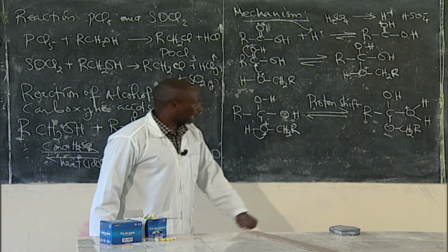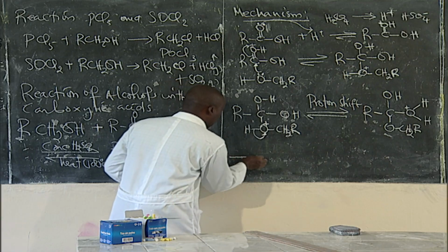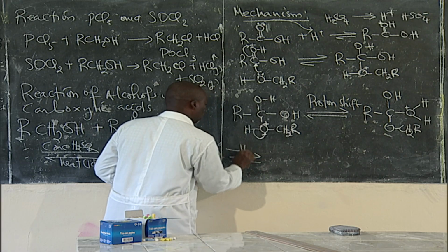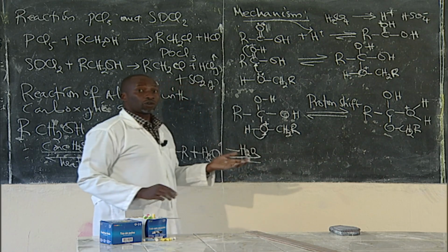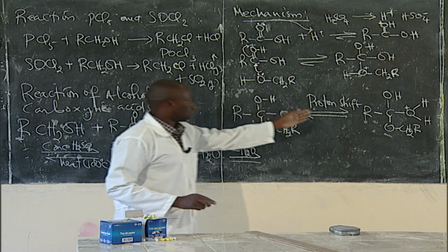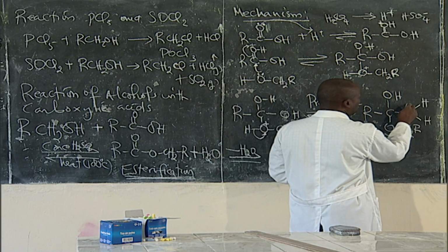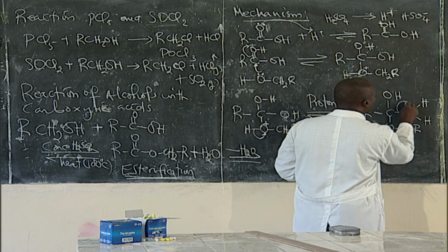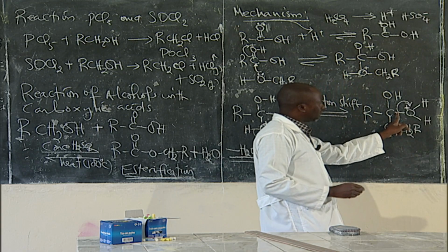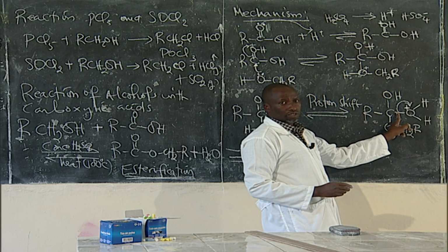What happens next? Water is eliminated. How is the water eliminated? Look at this structure that we have written. This is a positive charge. So this water breaks off in that form. The bond is made up of electrons, remember?